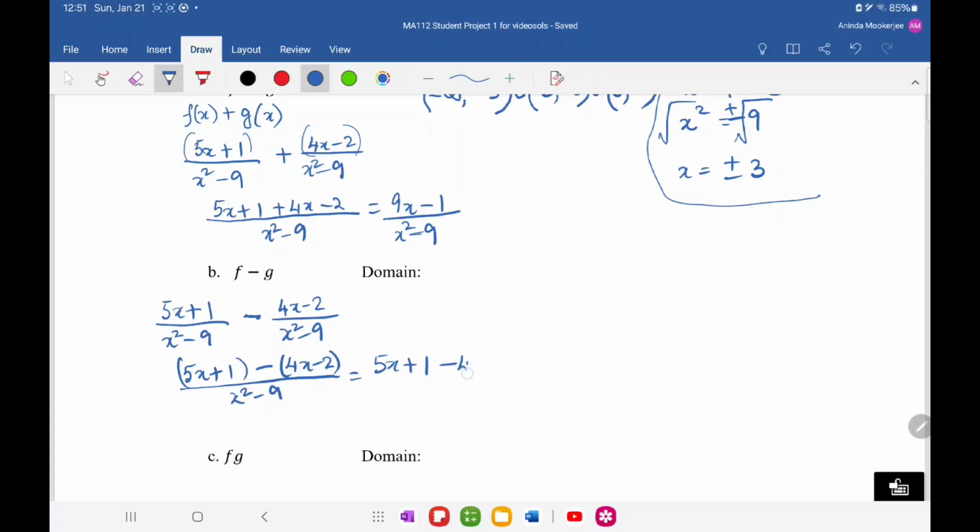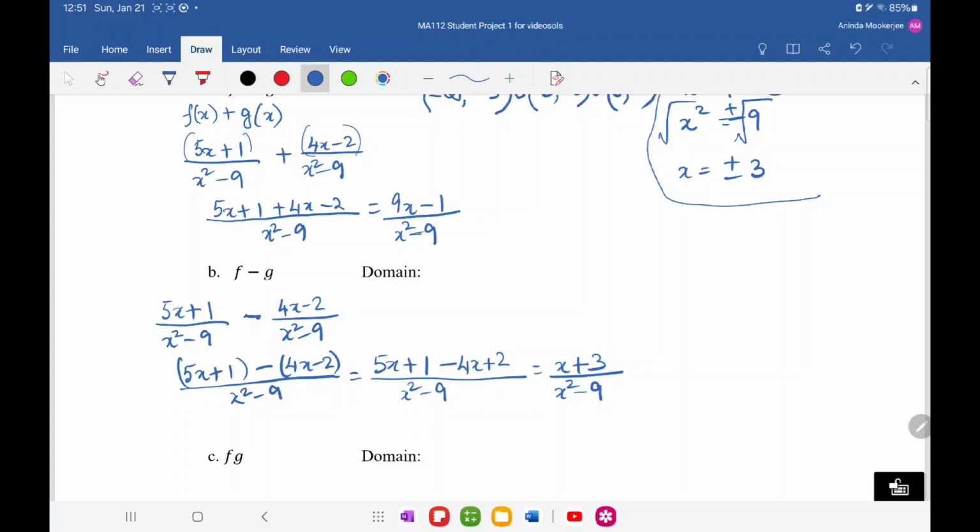So I'm going to write it as minus 4x and plus 2 divided by x squared minus 9. And we will get an answer of 5x minus 4x is x, plus 3, divided by x squared minus 9.